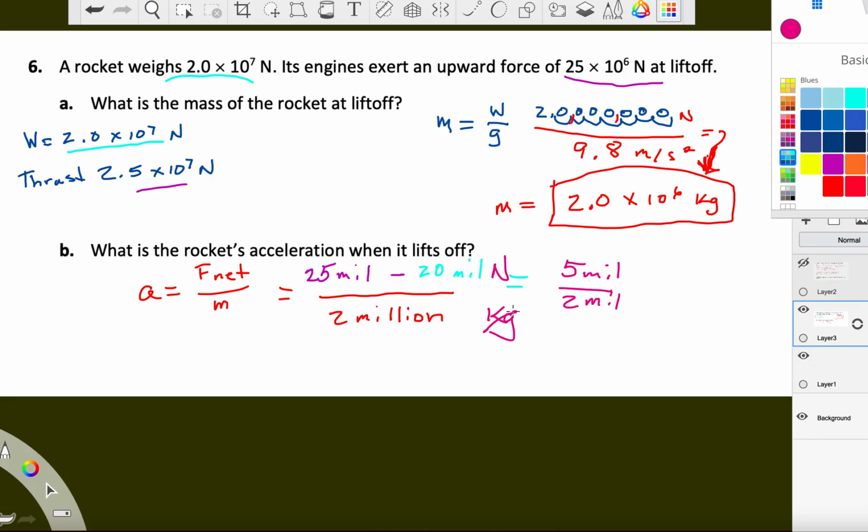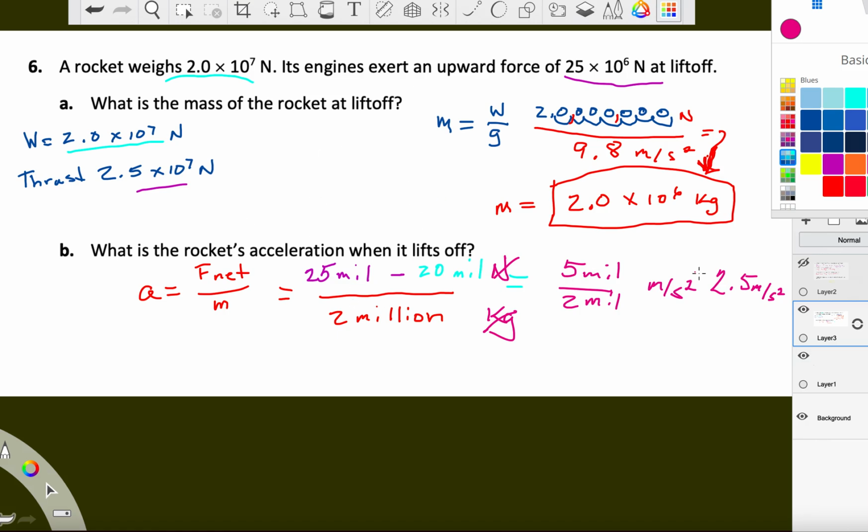And when you divide out the kilograms from here, you get meters a second squared. You get that acceleration. And it's really just 2.5 meters a second squared.